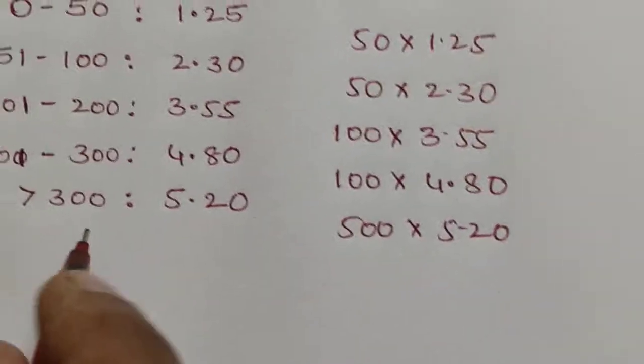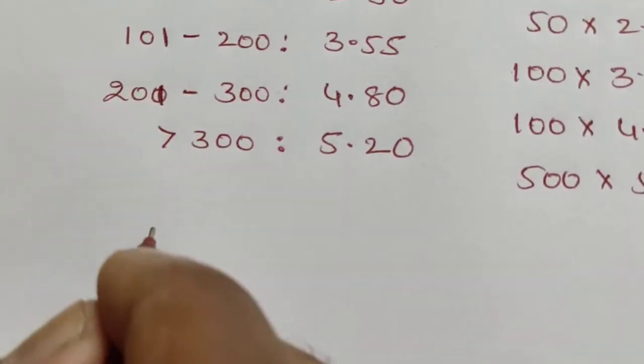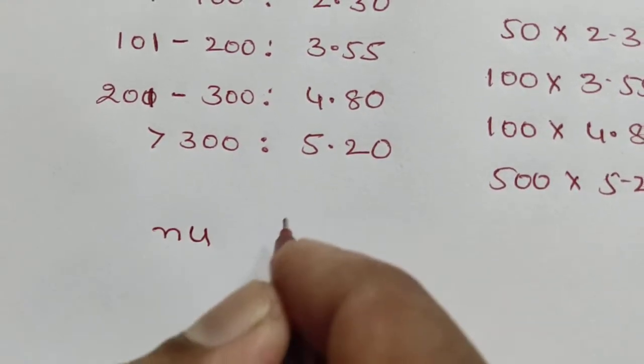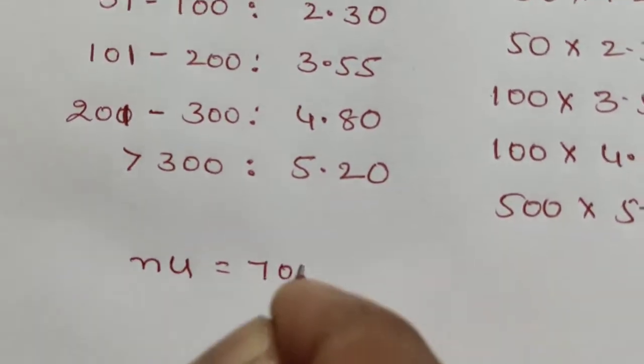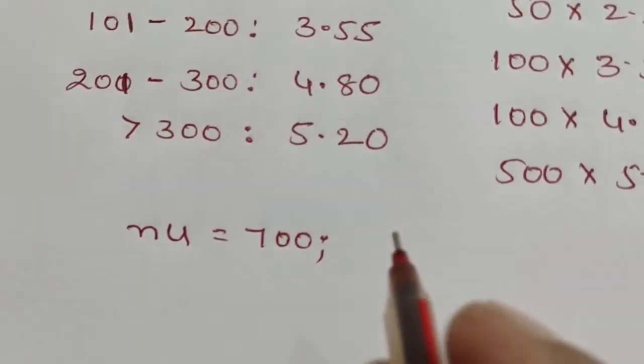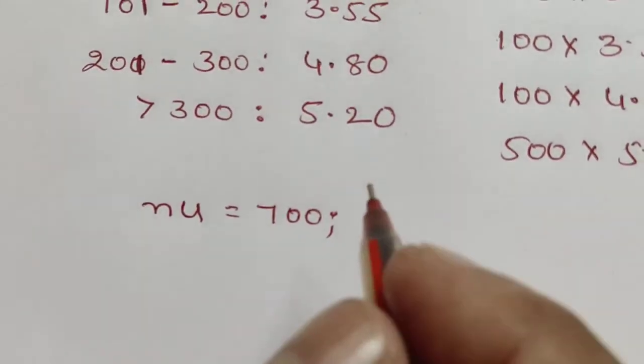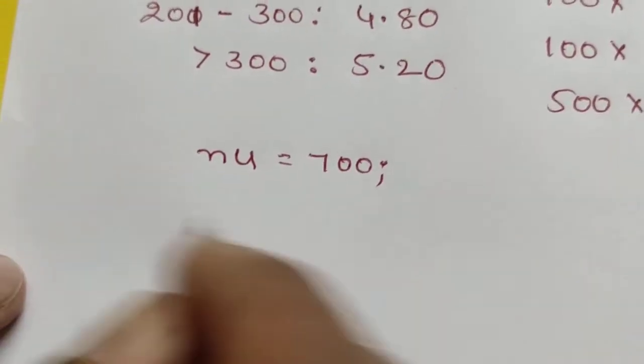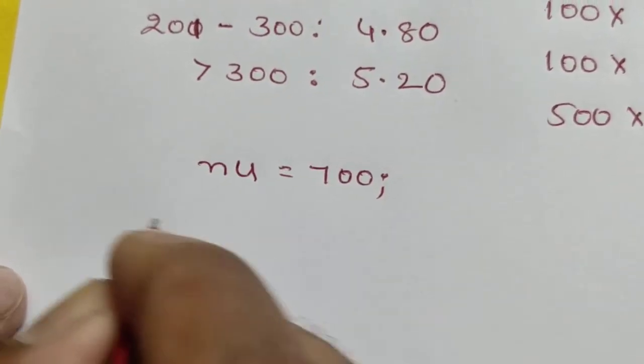First of all, we take the input as the number of units, NU. I am going to consider NU may be 700. We take this input from the keyboard, generally by using the scanf statement. Now I am going to write the rough code.